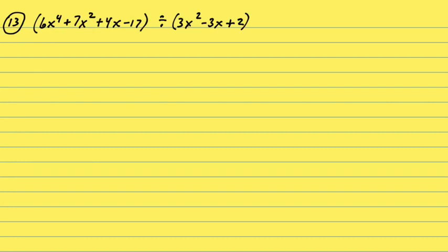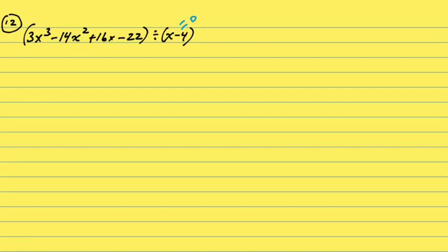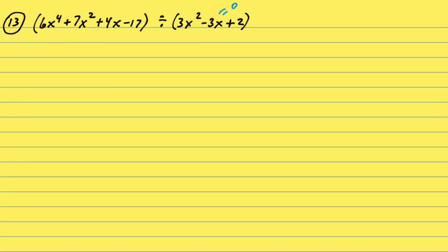Whereas number 13 does not have an integer solution. It might be two integers, but there is not one that I know of. That one I have to do long division. So if it's okay, I'll probably do 12 synthetic and 13 long. You can do them all long, but this one kind of lends itself to synthetic.